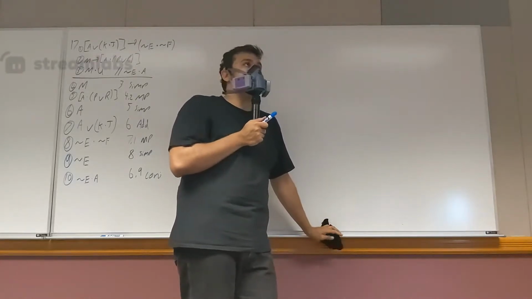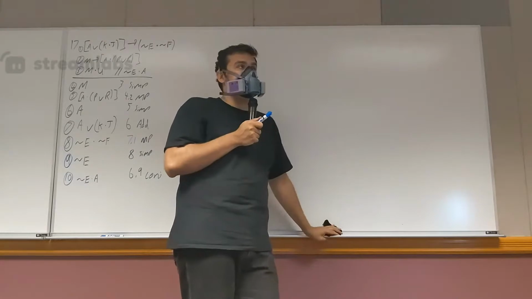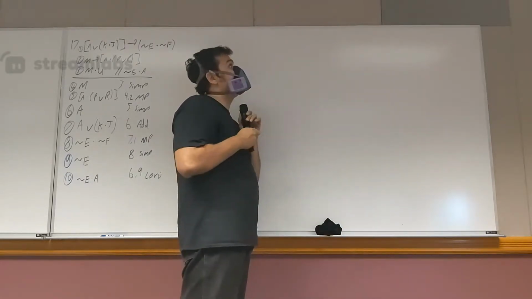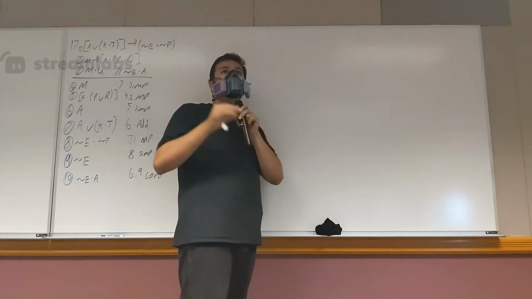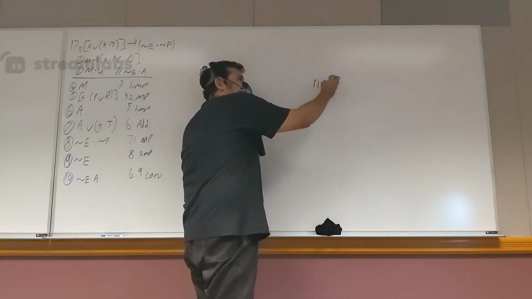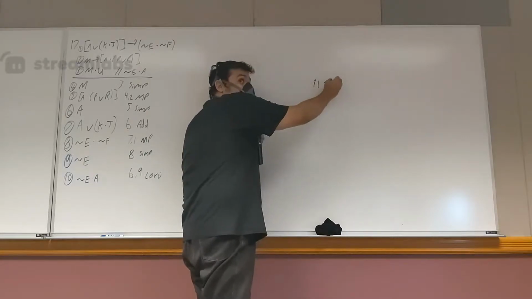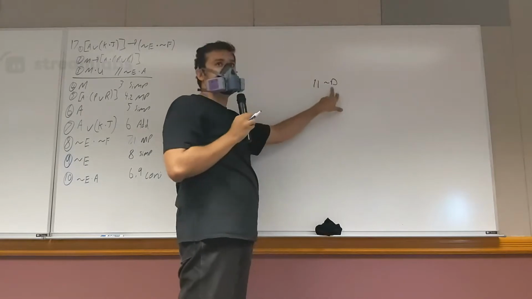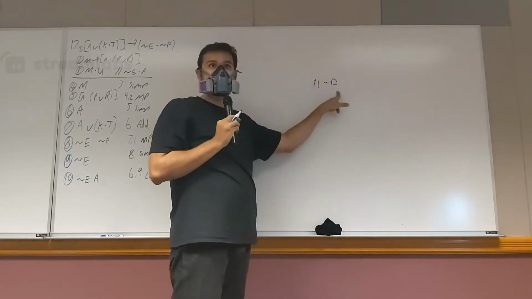I can't think off the top of my head of a way you would do it without that, though. Well, it depends what you mean. If I have a conclusion that says not D, and then somewhere up here I don't have a not D, then I can obviously, without doing something cheap like that, get a not D, right?